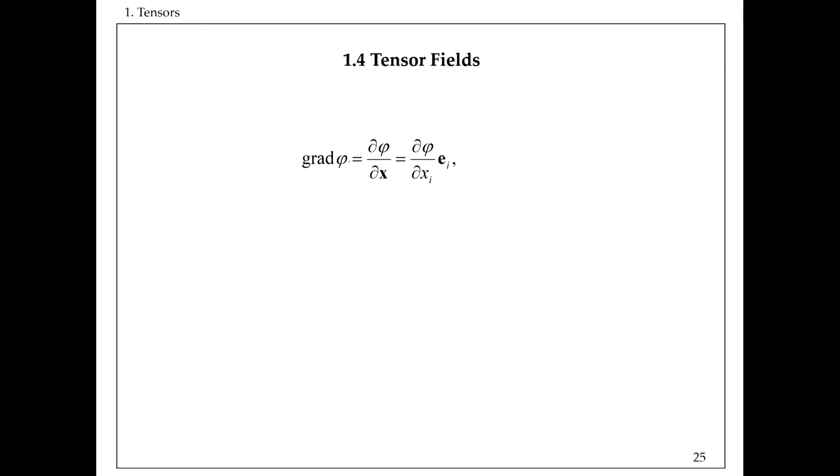So phi is still a scalar, but it's spatial. It's some function that depends on position, so it basically represents a field, and its scalar value may depend on the position in the field. The way to describe the change of that function from point to point is the gradient, where we take the partial derivative with respect to the position vector x.